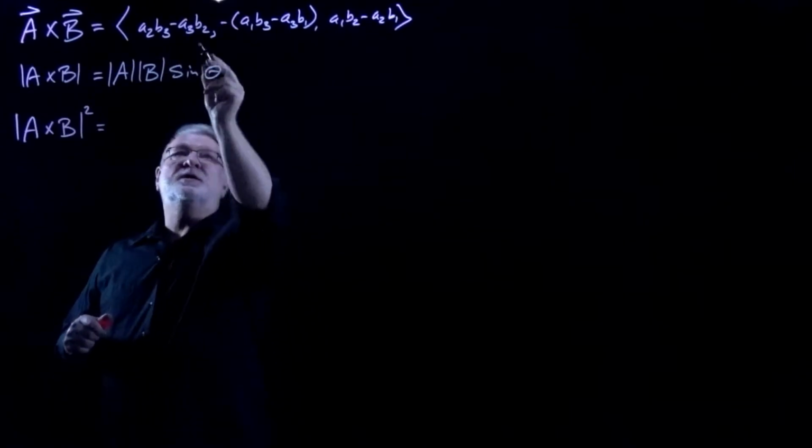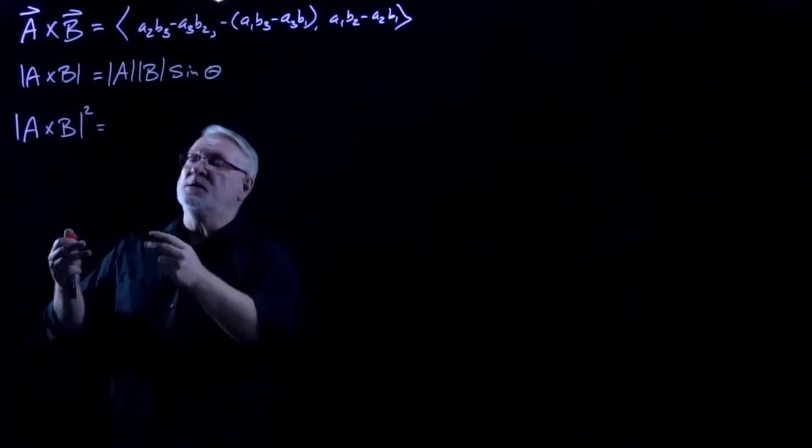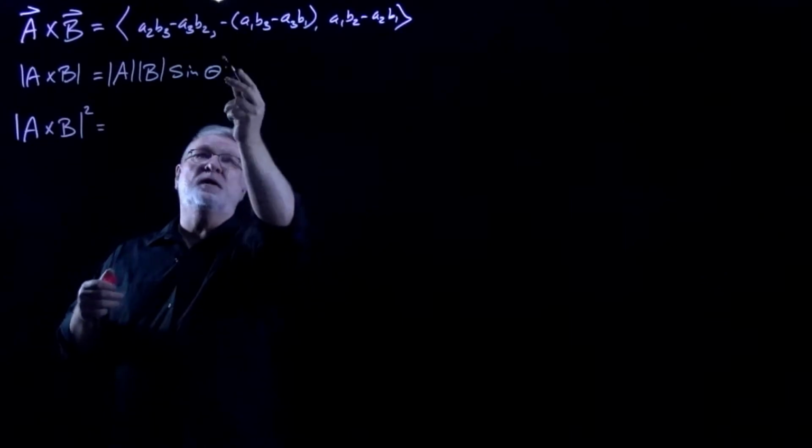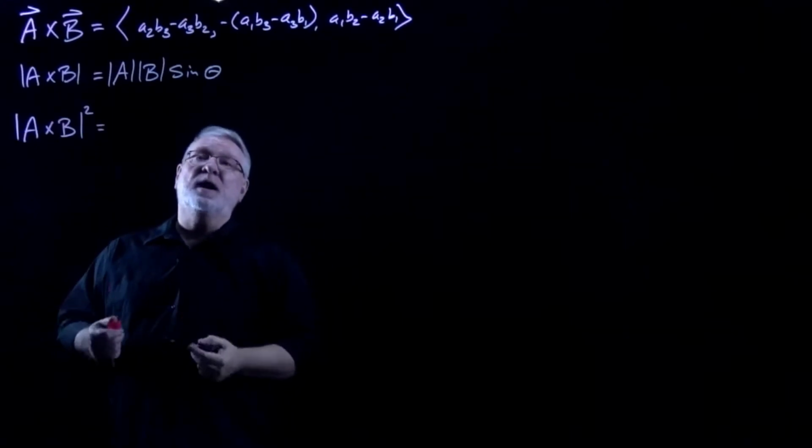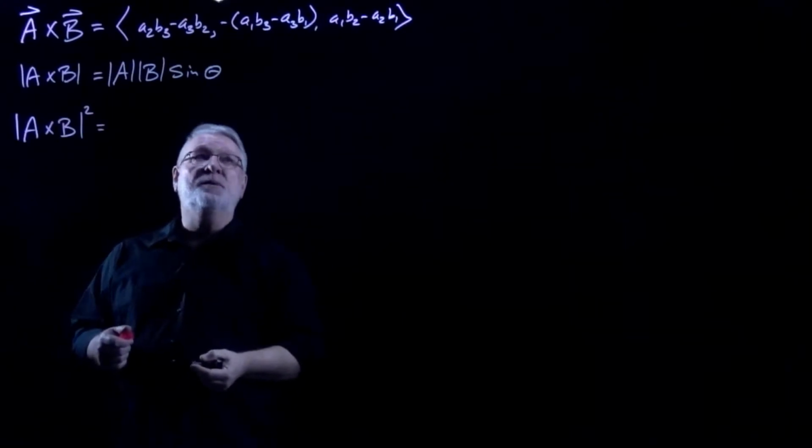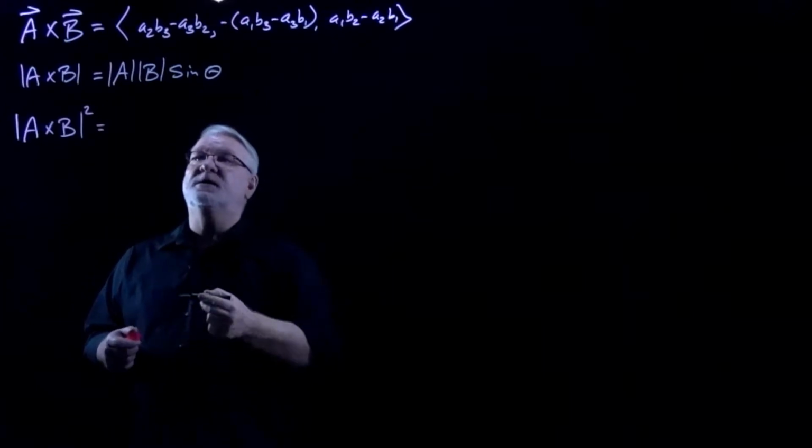Okay, well, I need to square each one of these three terms because the magnitude of the cross product will be the distance formula or the hyper-Pythagorean theorem applied to the components of the cross product itself.